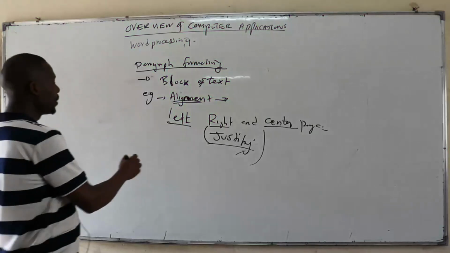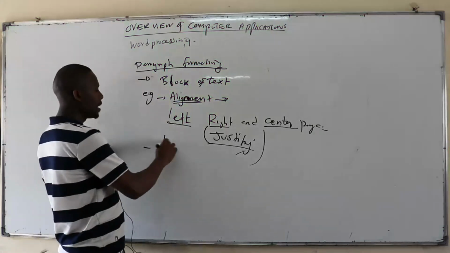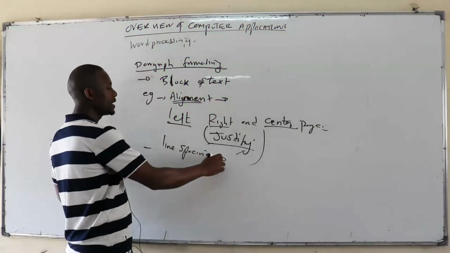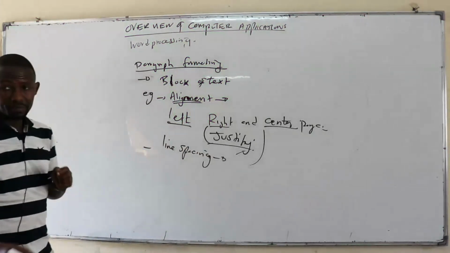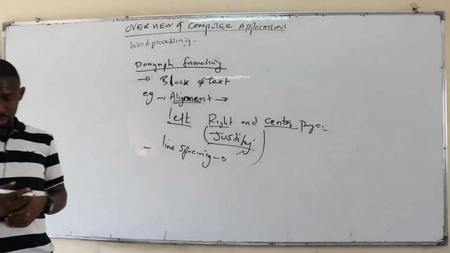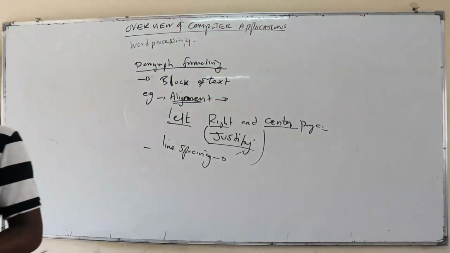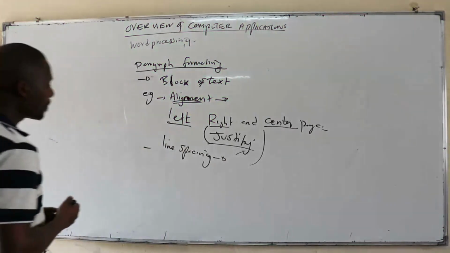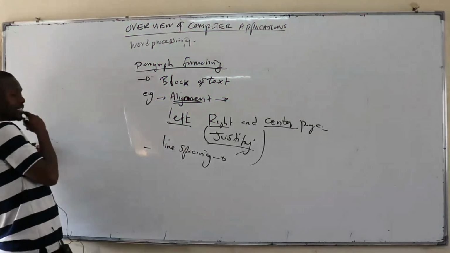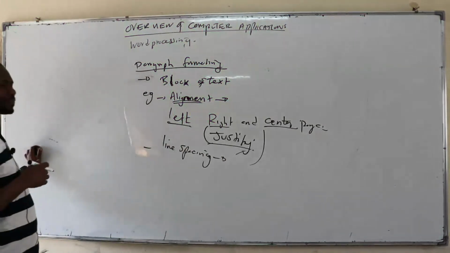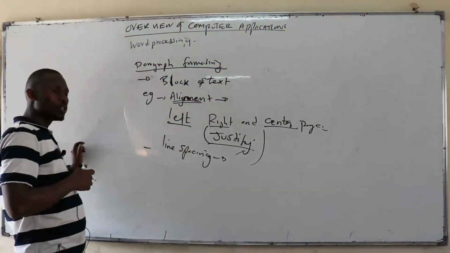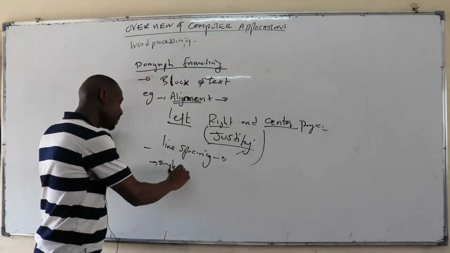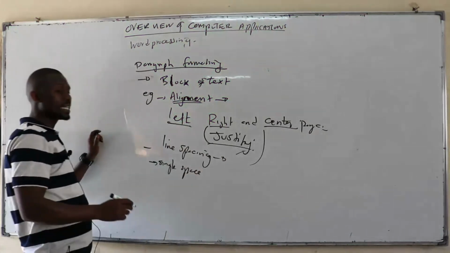Number two, we have line spacing. We say that line spacing is the space between lines of a paragraph. We have single spacing, that is where you leave just a single space.